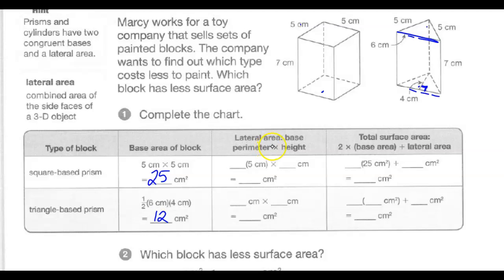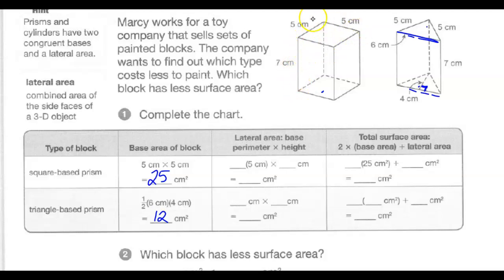Then the lateral area, all the sides between the bases. Now, what they've done here is, yes, you could take each side and add them all together, but what they've done is taken the base perimeter and multiplied it by the height, kind of like what we do in a cylinder, because really when it folds out, these are going to be 4 rectangles, this one, the back one, and the left one, and they all have a height here of 7.